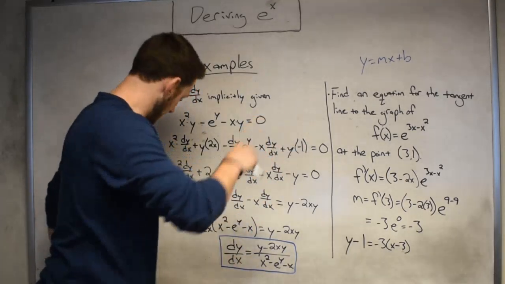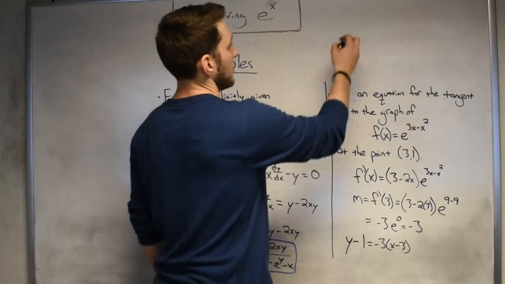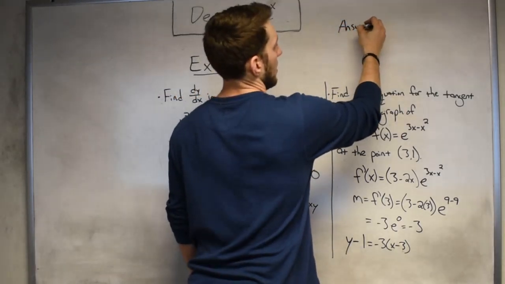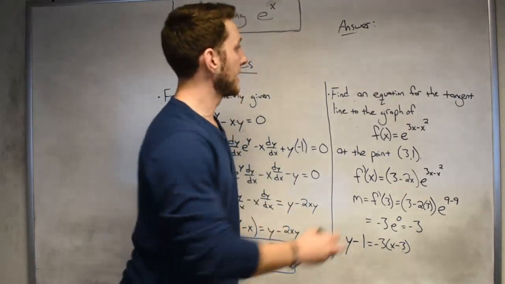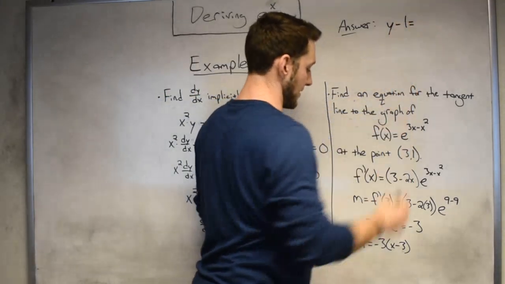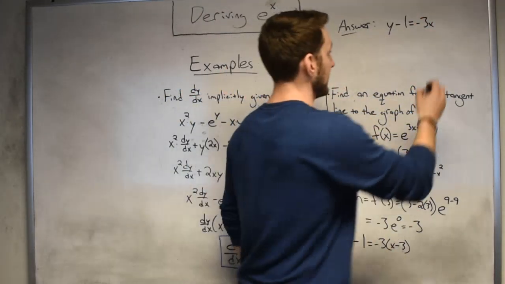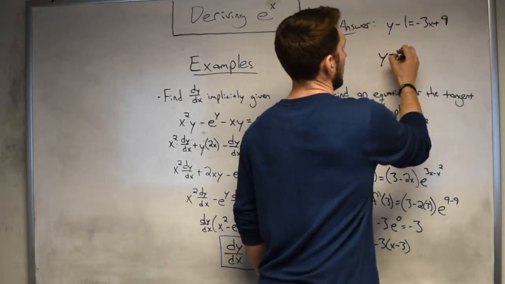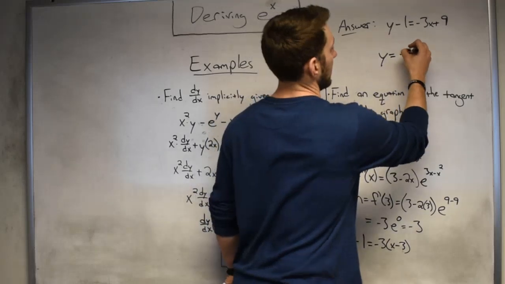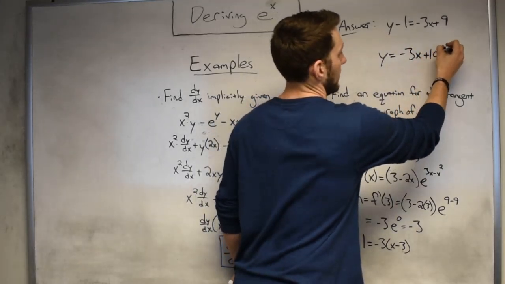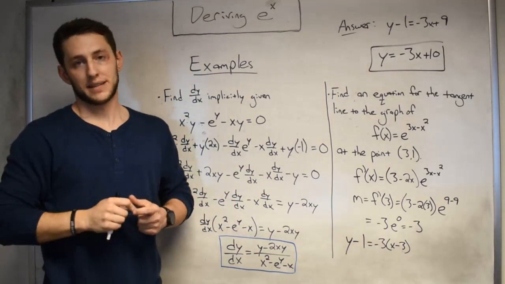If you don't mind me writing up top because I'm running out of room, upon simplifying it out, I distribute in the negative 3, I get y minus 1 is equal to negative 3x plus 9, and then ultimately adding over the 1, you should get y is equal to negative 3x plus 10. And that will be your answer for the equation of the tangent line.